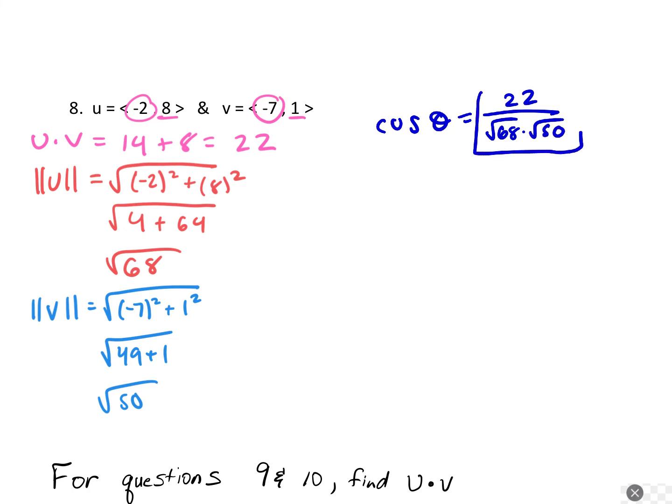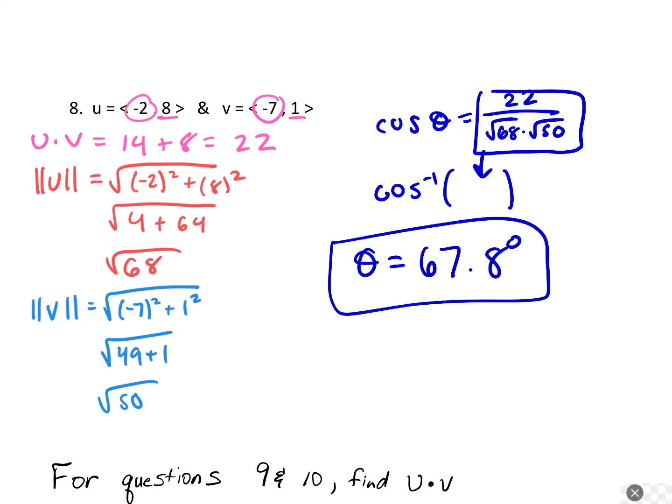If we put this in our calculator, that's not our answer because that's what cosine theta is equal to. So I have to take the inverse cosine of whatever this value is. And what does that give me here? 67.8. Do we agree? So 67.8 degrees. So that would be theta.